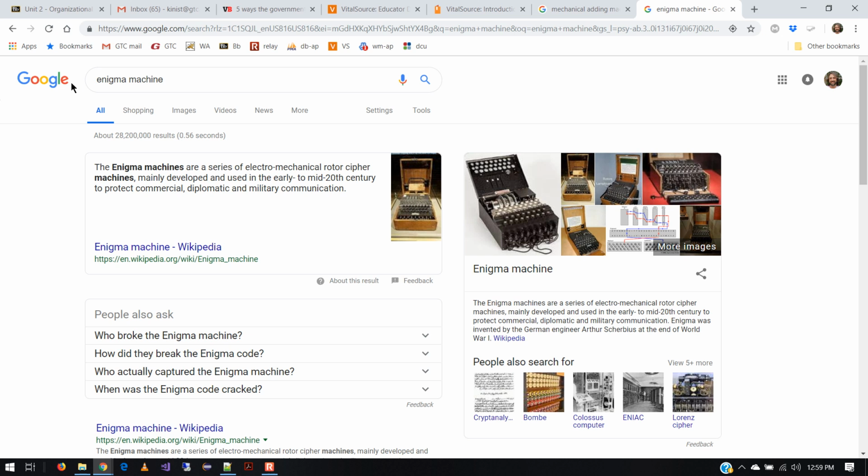Anybody could intercept it. So the British were constantly intercepting it, and it took them a long time to figure it out, but eventually they built a computer to decode it. Once again, electromechanical, so it was part machine, part electronic, but they were able to finally crack it. You know how they cracked it?